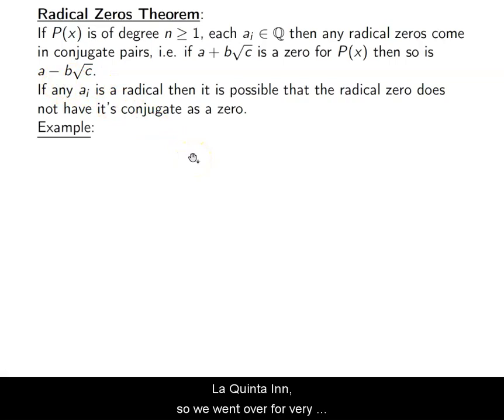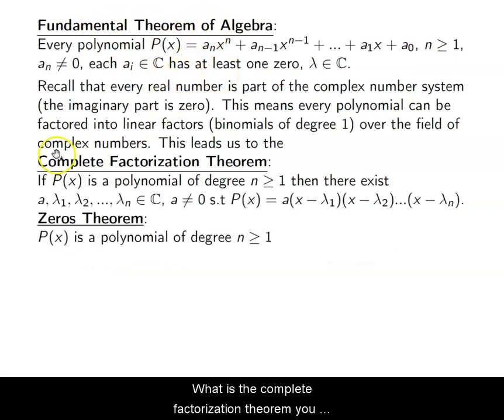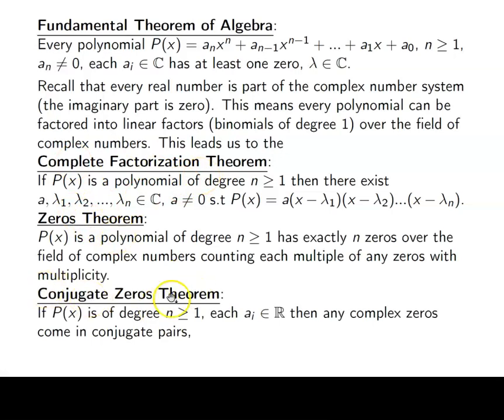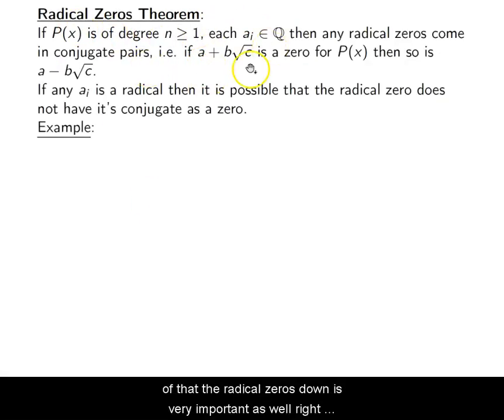Okay, so let's go ahead and do an example. We went over very important theorems: the fundamental theorem of algebra, which brought us to the complete factorization theorem, which brought us to the zeros theorem. The conjugate zeros theorem is very important because we're dealing with complex values at this point. On the flip side, the radical zeros theorem is very important as well, right?